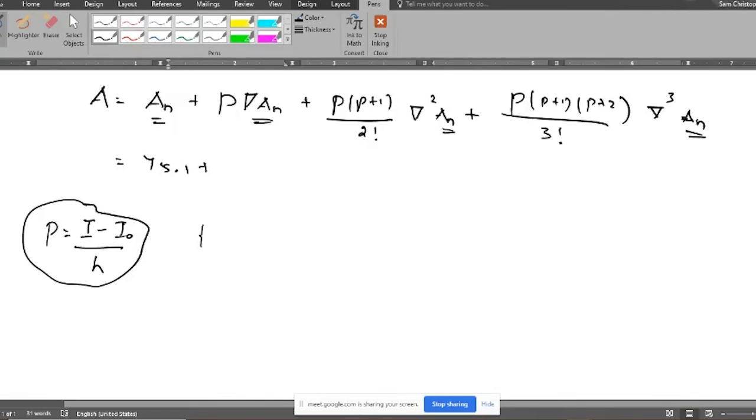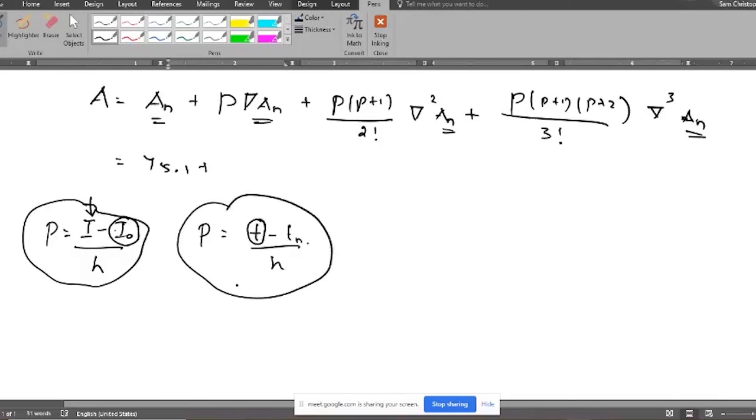Here in backward there is a slight change. p is t minus tn divided by h. That is, the value we are going to find minus the last value, divided by h. In forward it was the first value, here it is the last value. h is the same common difference.